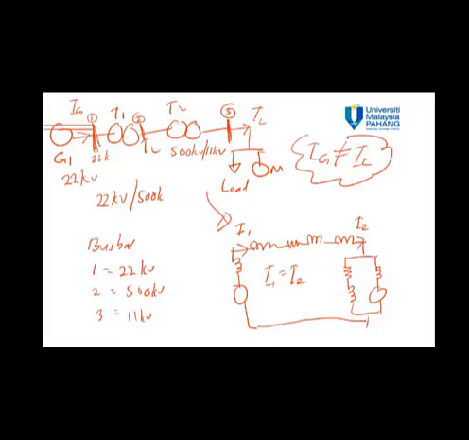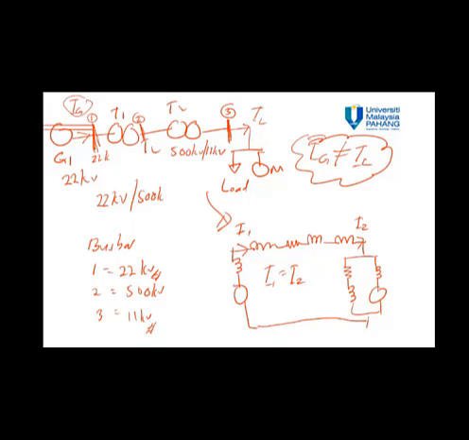Why? The question is why? Because the voltage level at bus bar 1 is 22 kV, and the voltage level is different between bus bar 1, bus bar 2, and bus bar 3. For IG, we have voltage level 22 kV. At bus bar 3, the voltage level is 11 kV.